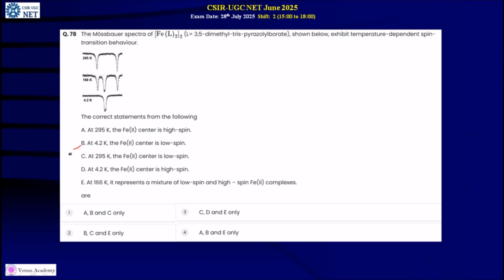Statement B, at 4.2 K the iron 2 center is low spin. Statement C, at 295 K the iron 2 center is low spin. Statement D, at 4.2 K the iron 2 center is high spin. Statement E, at 166 K, it represents a mixture of low spin and high spin iron 2 complexes. So question number 78, option 4 is the correct option, students.